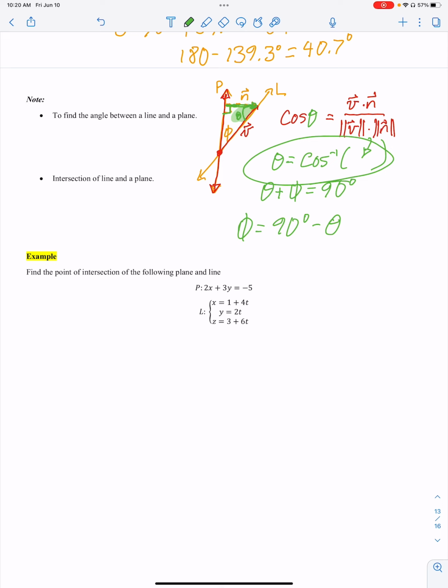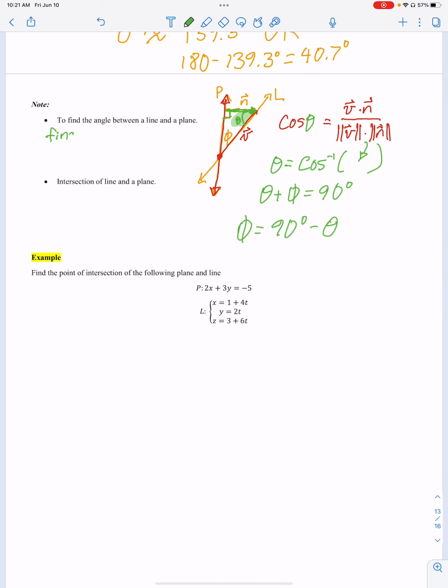So here's the key to these. Find the normal vector N to the plane. Find the directional vector of the line.